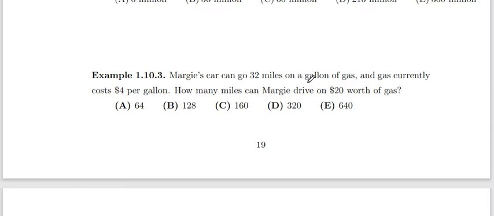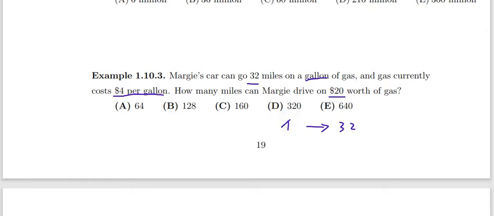So 1 gallon goes 32 miles. And 1 gallon is $4. Okay. So we say $20 of gas can go how far? How many miles? 1 gallon is 32 miles, and we can change 1 gallon to $4.